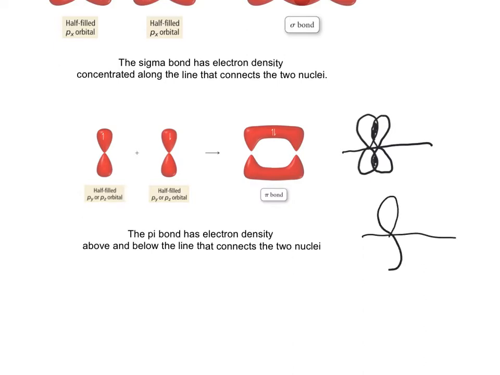Instead, you put them farther apart and then make these curved lines. So what I've drawn right here is one pi bond, which is the same as this, one pi bond. You can blur them together the way it is in this drawing here, where you've got the red, or you could, when you're drawing molecules, and it's easier sometimes to do it that way. You'll see what I mean.